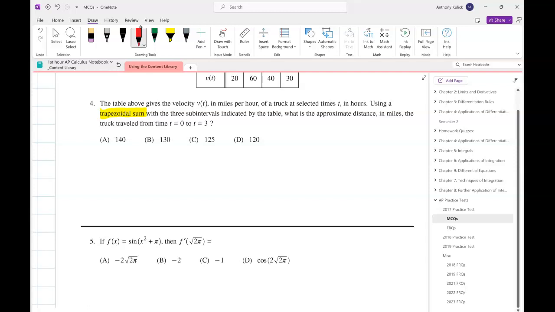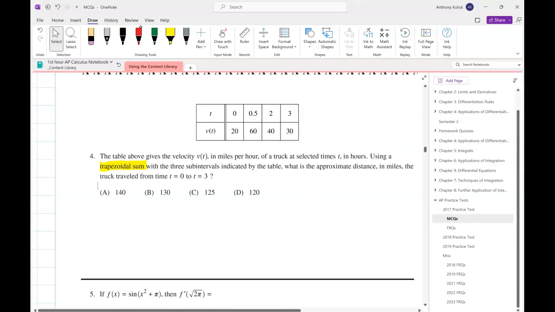It's the average of the bases times the height. So if it wants 3 subintervals, it's going to be the average of those two times that distance, the average of those two times that distance, and the average of those two times that distance.